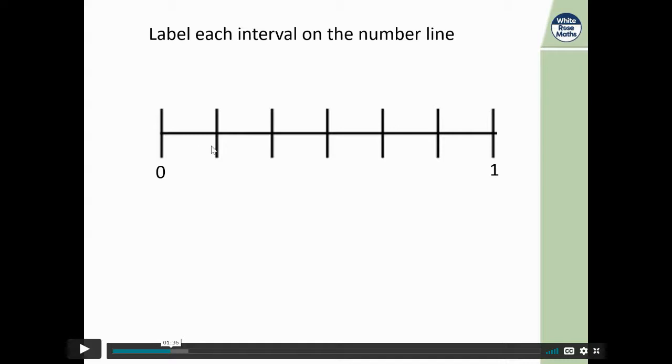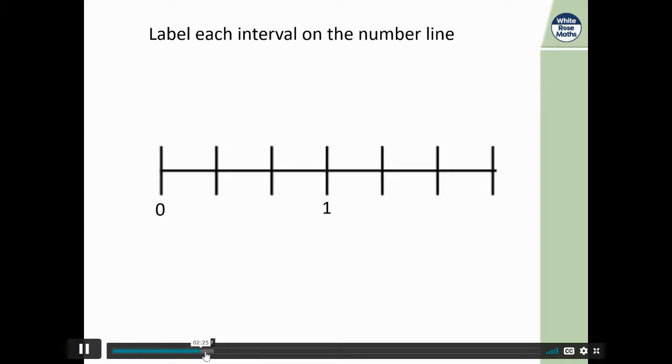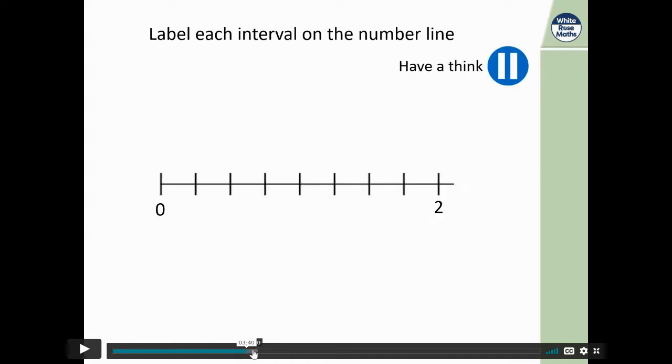So I've got 1 gap, 2 gaps, 3 gaps, 4 gaps, 5 gaps, 6 gaps. So therefore this must be in sixths. As you follow through the video, the teacher's going to take you through several concepts like that, and also how you can use equivalent fractions.